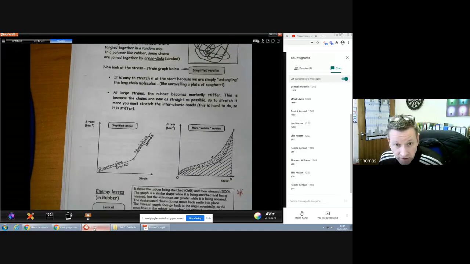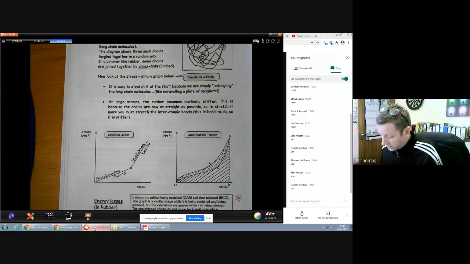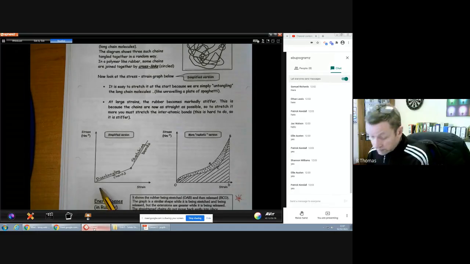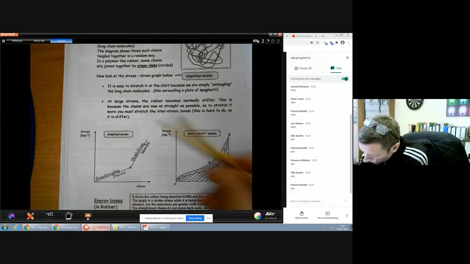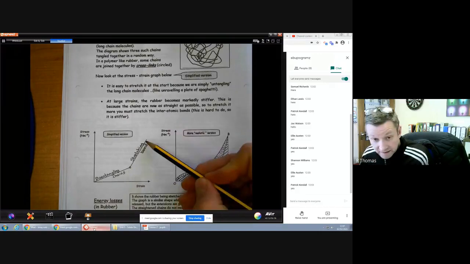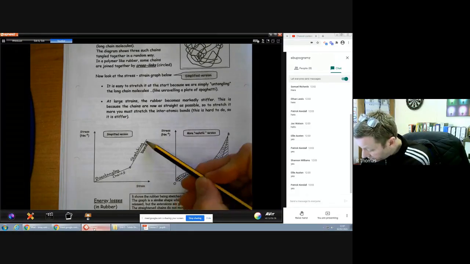So when we're looking at a stress-strain graph for these types of materials, it looks very different. A crude type of graph has Hooke's law there, but just detangling the chains of spaghetti. And then much more stress is needed to continue that extension because now you are stretching the bonds.